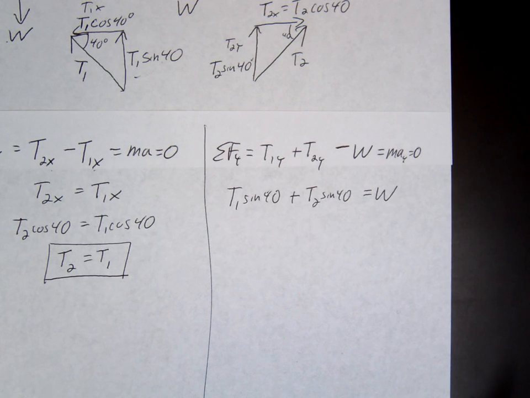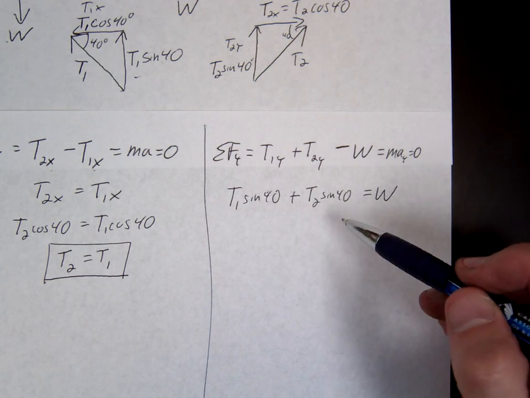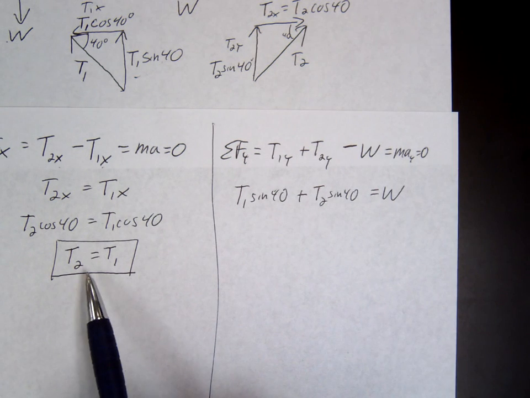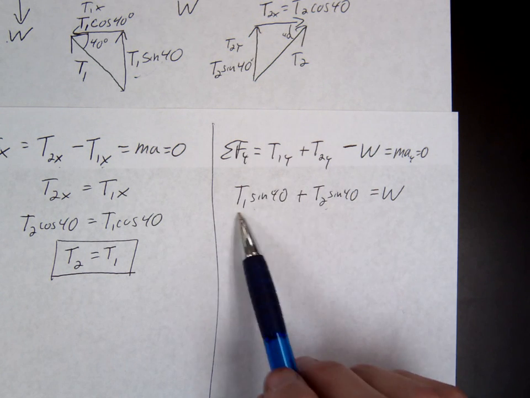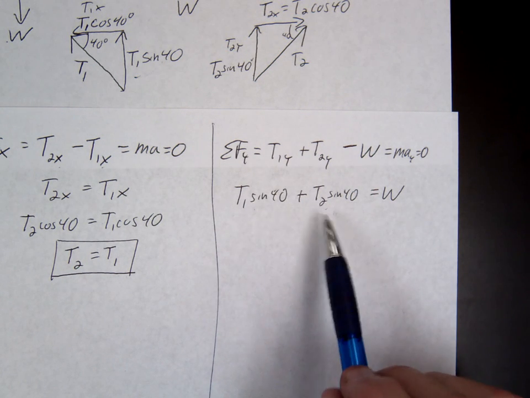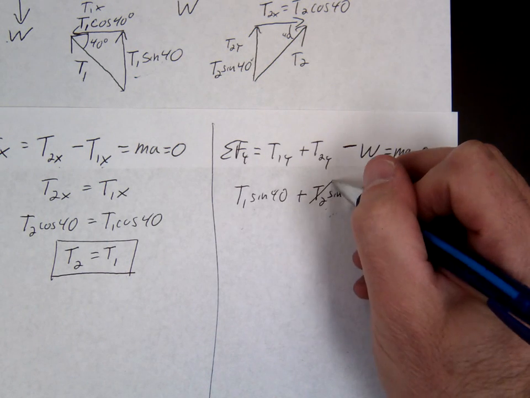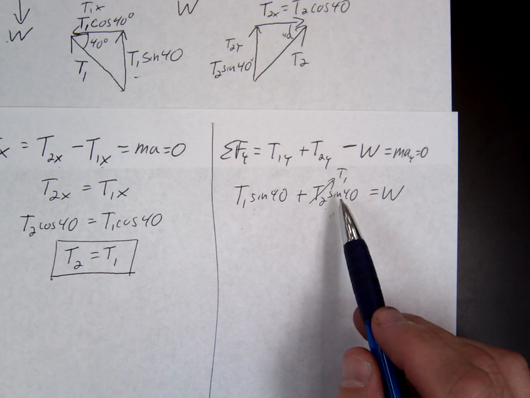Well, notice we have two unknowns, T1 and T2. What can we do? Well, we found out that they're equal, right? So really, we don't have two unknowns. We only have one unknown since they're the same. So you could simply say, all right, this is going to become T1. Since T1 equals T2, we could simply call that T1.